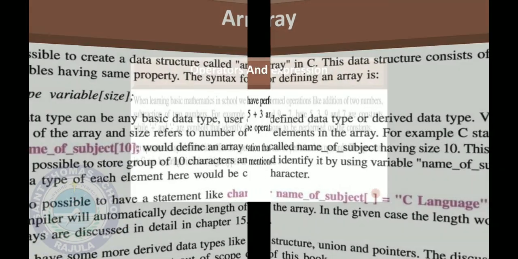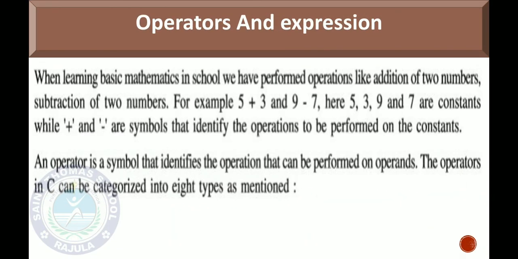Then the next topic is operators and expressions. When learning basic mathematics in school, we performed operations like addition and subtraction of two numbers. When we are working with the computer, we give this type of process to the computer.